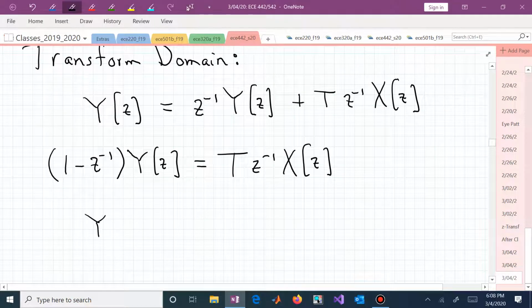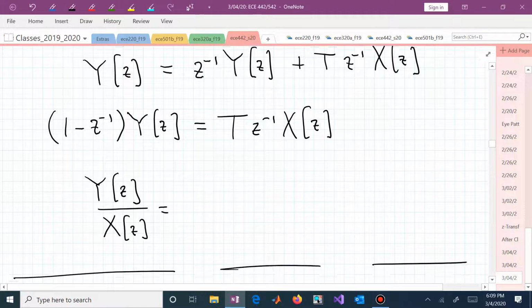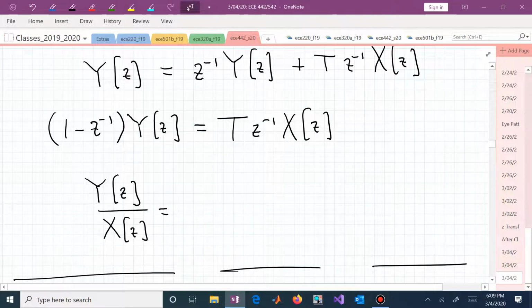Now if we solve for Y over X, let's divide both sides by the factor 1 minus z to the minus 1. And we end up with T z to the minus 1 over 1 minus z to the minus 1.